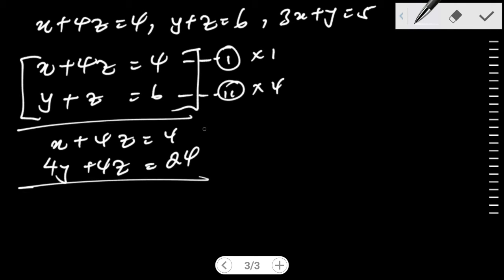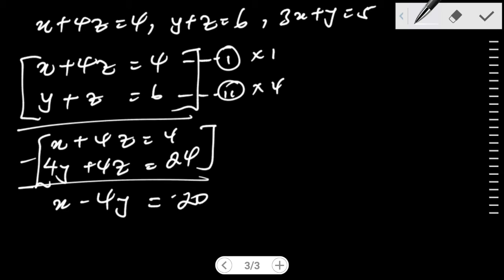Therefore, to eliminate z, I would subtract. This would be x minus 4y, which equals negative 20.